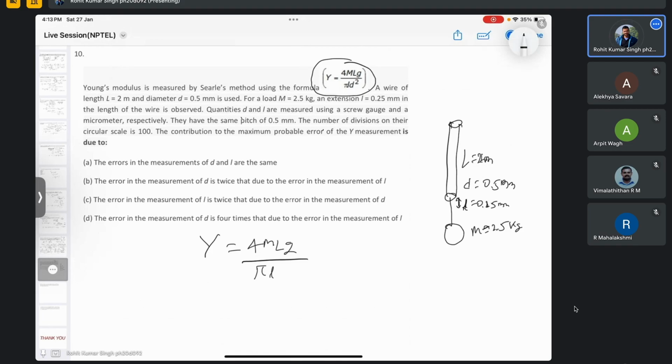Okay, and you are measuring, so all of these are constant, these two you are measuring, L and D. Okay, so what do you think will contribute to the error more, L or D? Anyone? Without doing anything, can anyone tell me?